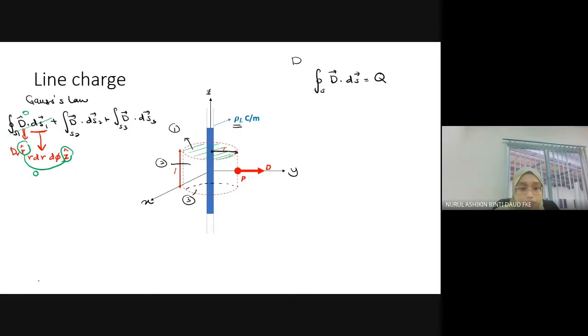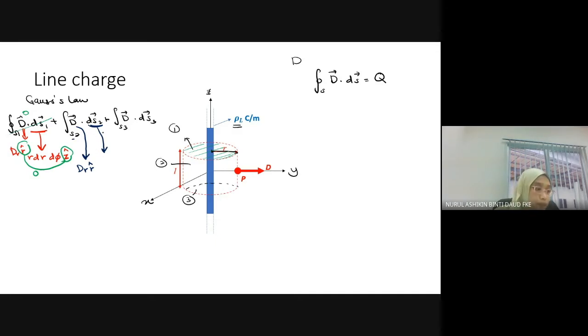How about surface number 2? D is the same, in the r direction. However, the direction of S2 is the same as the radius, so it is in the r direction.